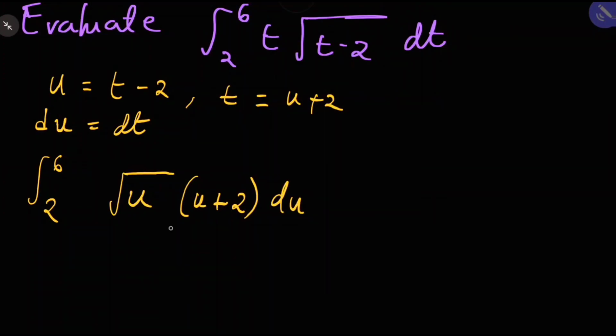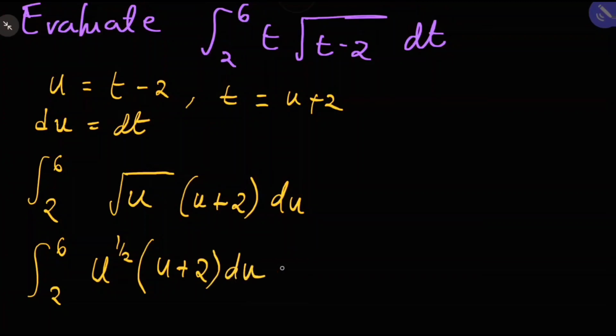So moving forward, we can try to expand this. Root u is the same thing as u raised to power half, multiplied by u plus 2 du.